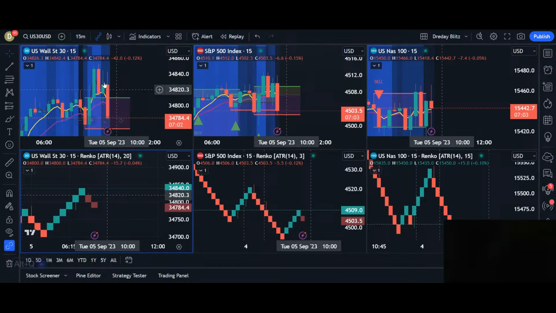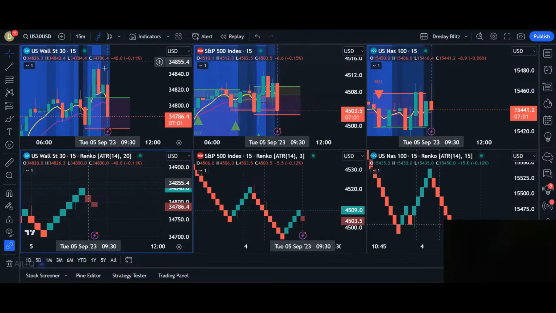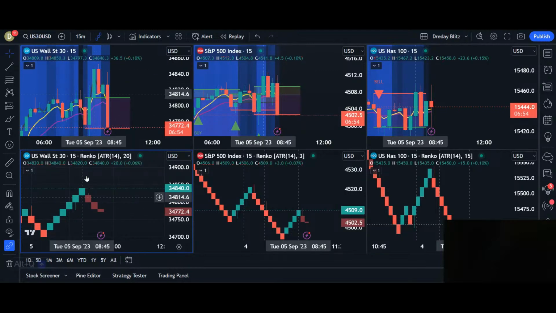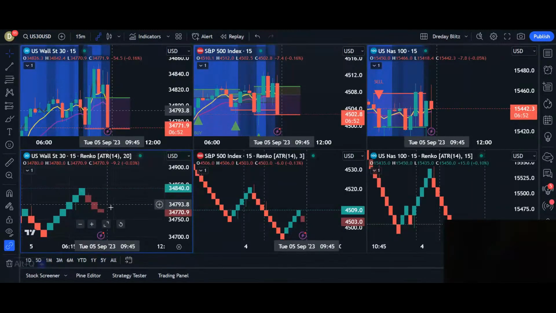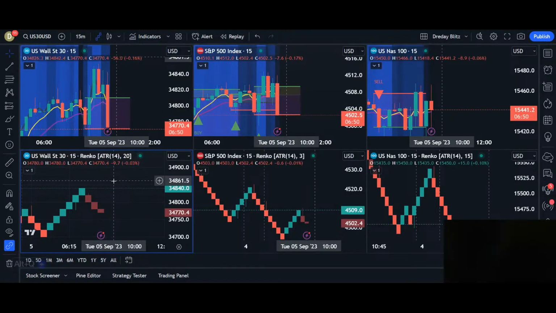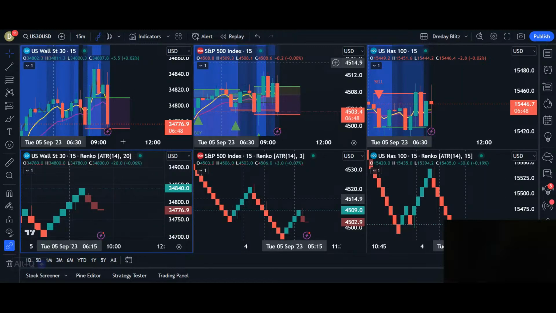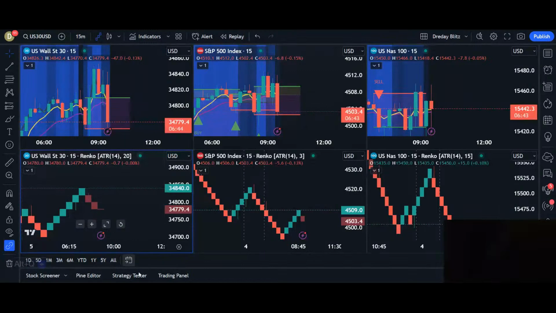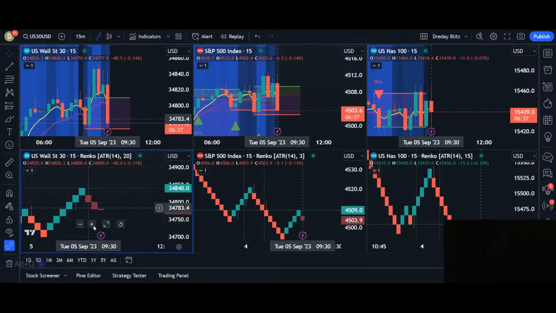So it should be specifically around this area, before the wick. That will be my stop loss, and then my take profit will be the next reversal. So let's say the price is still going down, and then it reverses going up. This is where I will be out of the market for that move.